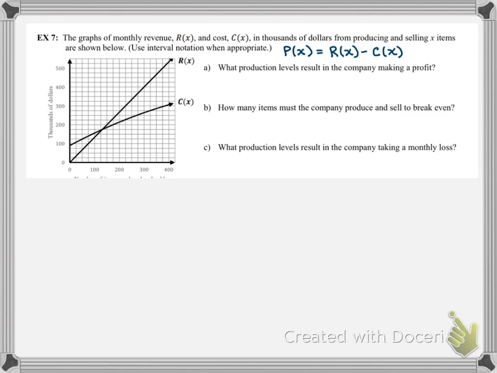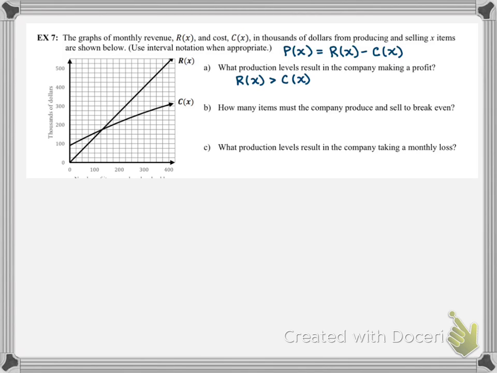If you make a profit, what can we say about revenue compared to cost? Revenue has to be greater than the cost. Yeah, the revenue has to be higher, right? The amount of money that you make has to be more than the amount of money that you spend. And so if we have a positive profit, we're looking for places where the revenue is greater than the cost.